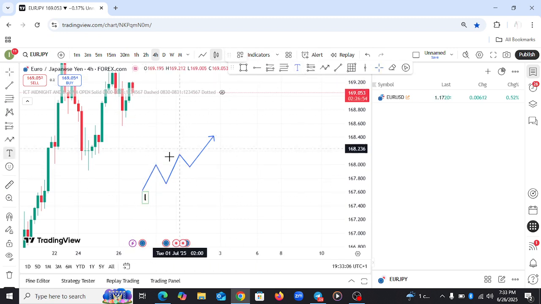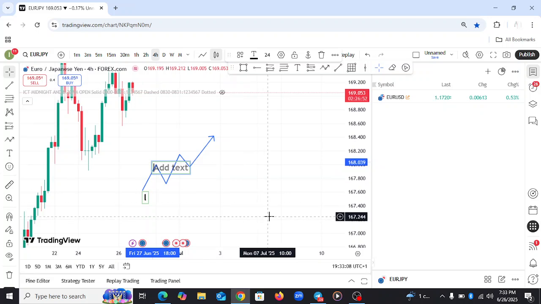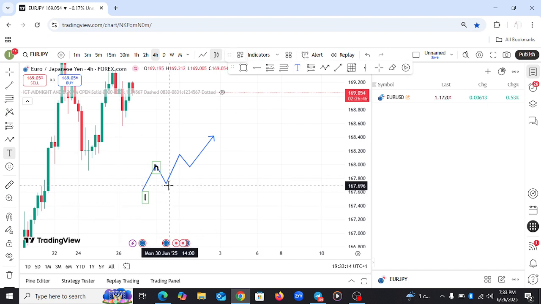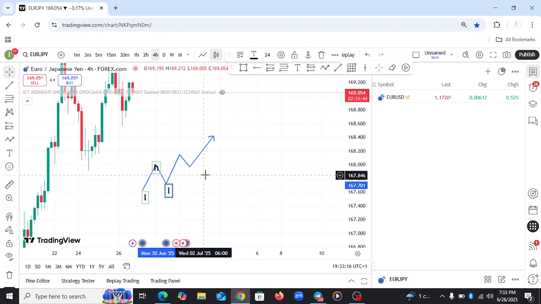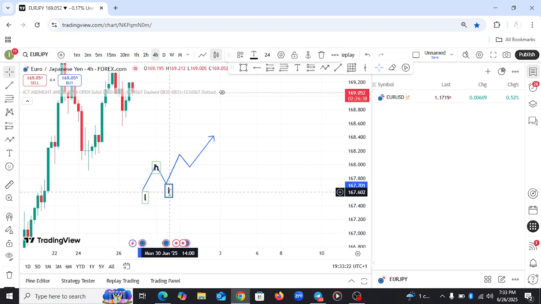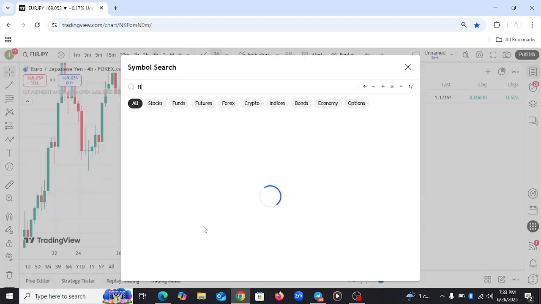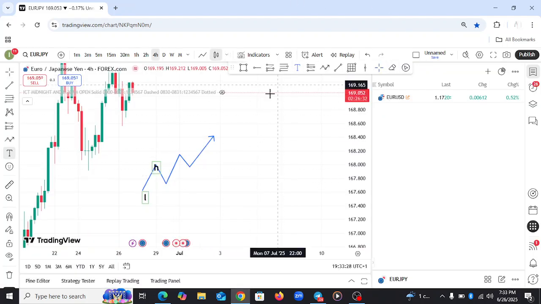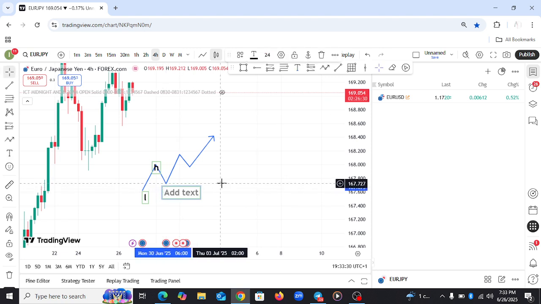This would automatically be called a high, and we'll tag it as H. After this high we have what? Another low, right? But guess what? This low in particular is higher than this low, thereby making this one our higher low. Oh, sorry, I wanted to target higher low.